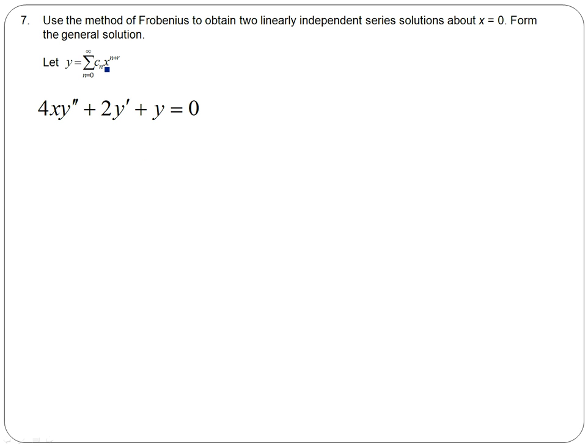So this y could also be written in this form: y is equal to x to the r times the sum as n goes from 0 to infinity, c_n x to the n, where this r could be any power, including a possibility of a fractional exponent, like 1/4.